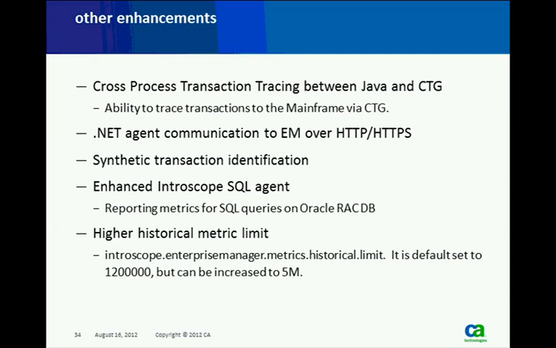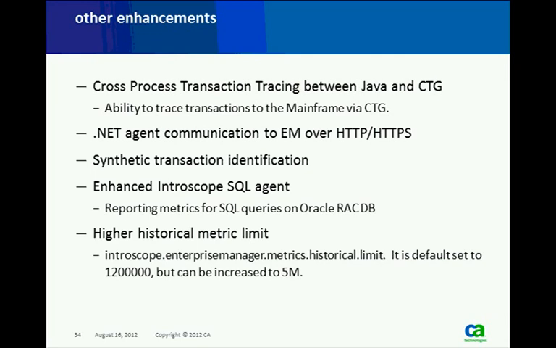We have the ability to identify synthetic transactions, and this is especially useful for customers who actually use our WTG feature that also issues synthetic. Based on the header of what the request is actually coming in as, in Interscope, you can now separate those backend transactions as you view them so that you know which ones are actually coming in from a synthetic user versus the real user.